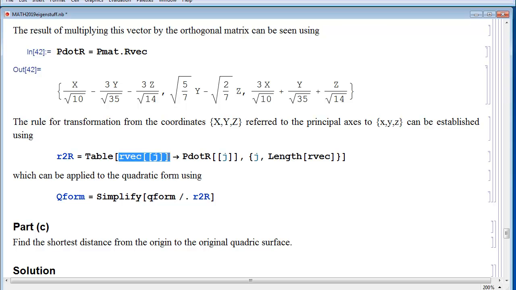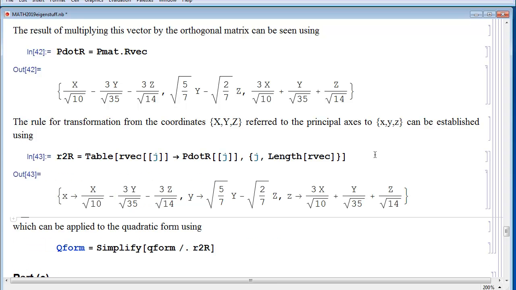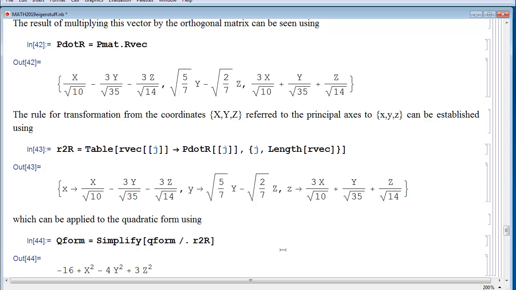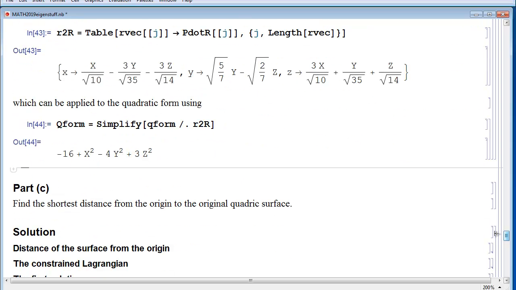So we take the coordinate number j and set it equal to the jth element of that, gives you that, and we apply that to the quadratic form, and we can see that that is the same quadratic form we got above, namely the squares of the coordinates relative to the principal axes multiplied by the eigenvalues.